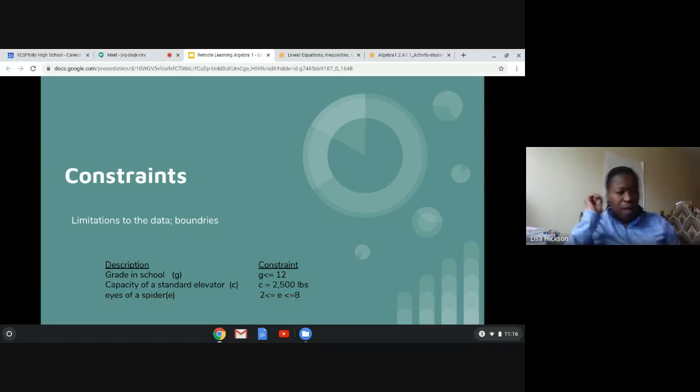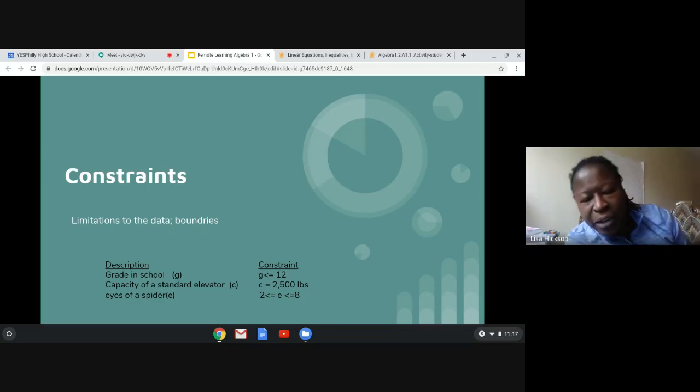So if we are talking grade in school, the constraint would be G is less than or equal to 12. Okay? Because you can be from kindergarten to the 12th grade. So we have to include the 12, thus the equal.